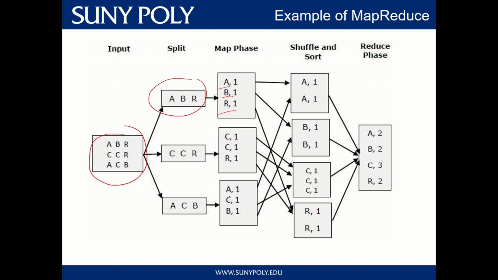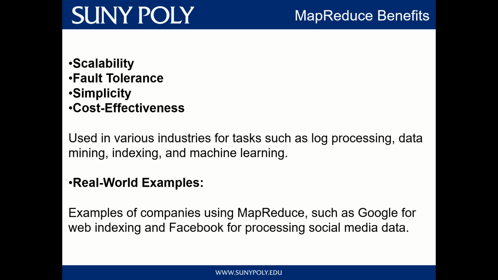For example, with the third split, it's 1A, 1C, and 1B, and then we put together the same keys. So for A you have two A1s, then B1, B1, C1, C1, and R1, R1, and then they are reduced and counted. This is a similar example, counting words, which, by the way, is a popular example when you're looking at big data and MapReduce. That's the most common example that you will see, the one about counting words.